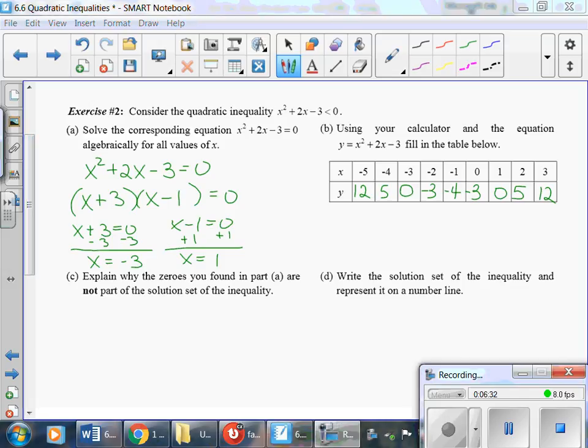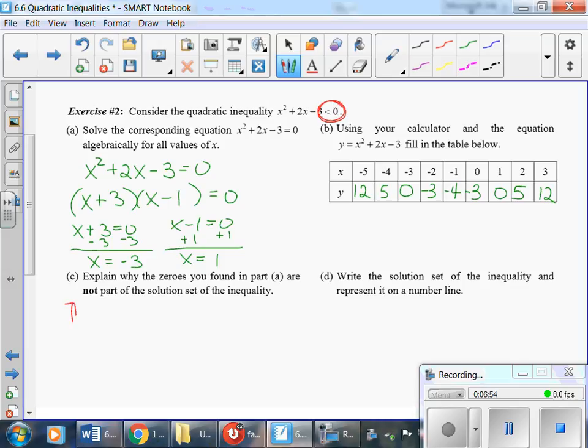Or I think a little bit easier to realize is when you have zeros that are, in this case, not less than or equal to 0. This one here, I'm going to show you right up top, is strictly less than 0. So basically what's going to happen at negative 3 and positive 1 is it's going to set it equal to 0.